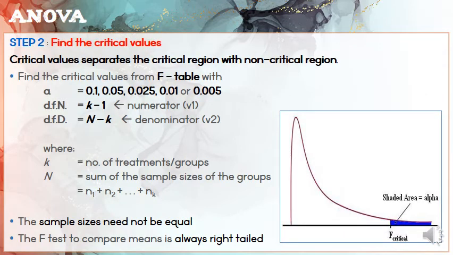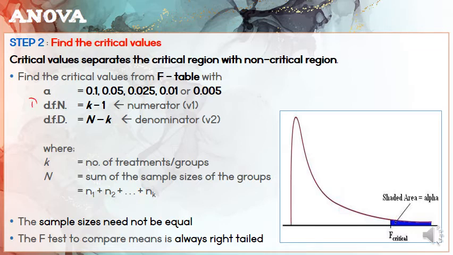For the second step, we find the critical values. As you know, critical values separate the critical region with non-critical region. So we find our critical value from the F table, with alpha can either be 0.1, 0.05, 0.025, 0.01 or 0.05, with degree of freedom, we have two here.